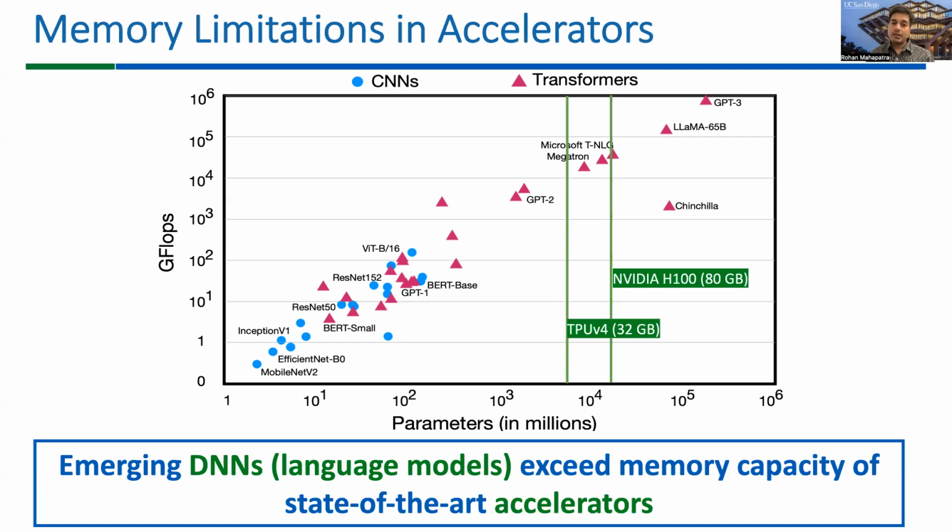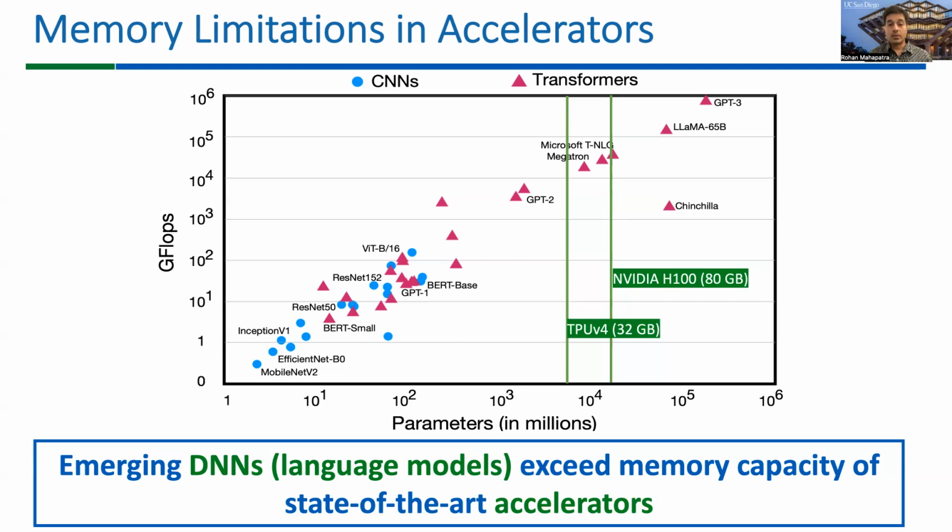In fact, today the state-of-the-art hardware accelerators or domain-specific accelerators, such as the NVIDIA H100 GPUs, which offer almost 80 GB of memory per GPU, are not even capable of hosting a single GPT-3 model.